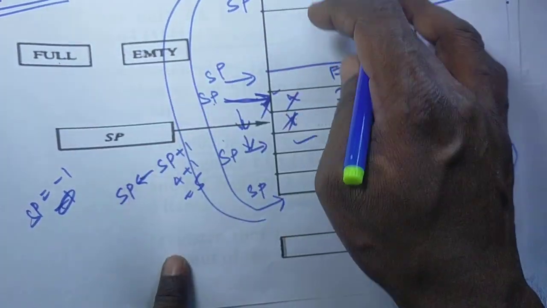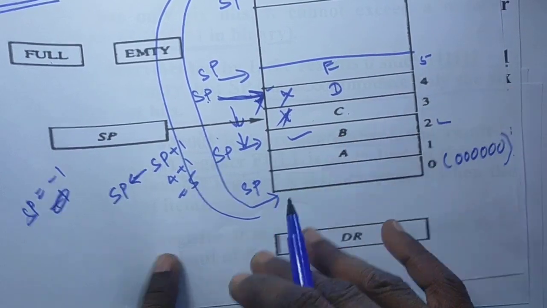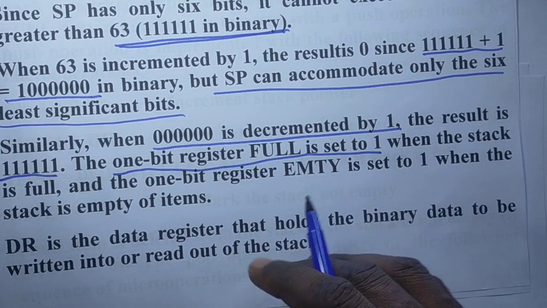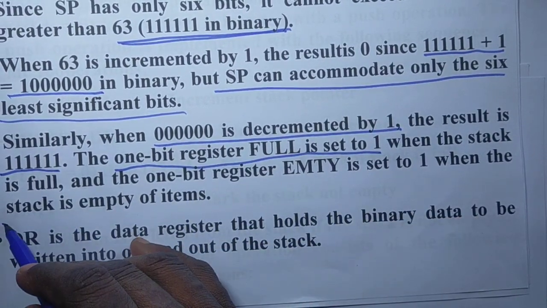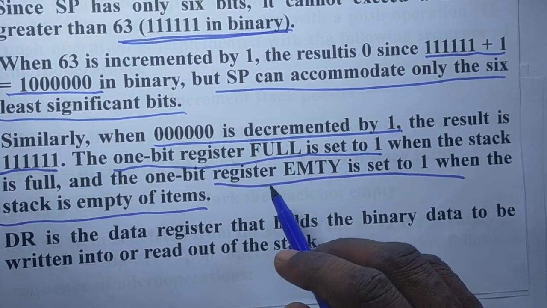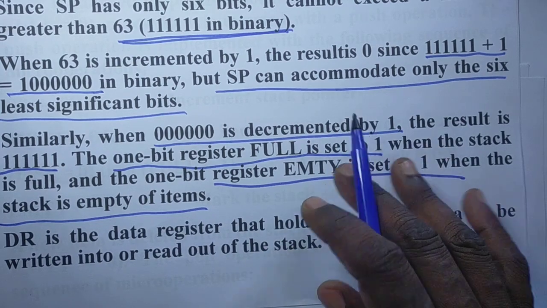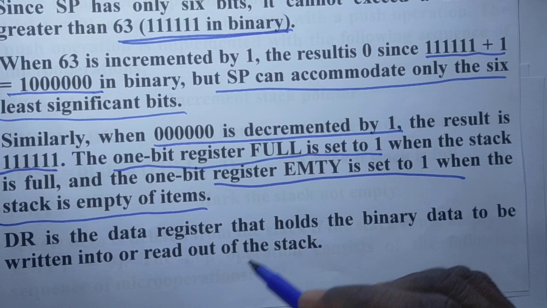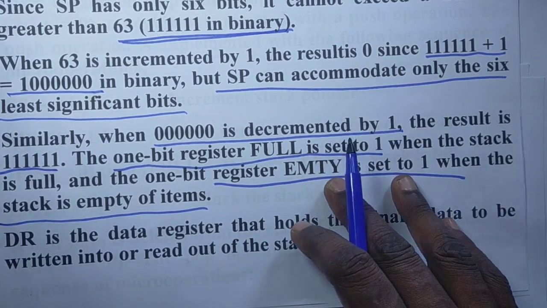If full is 1, the stack is filled by data and there is no space. We can see again that for the 1 bit register, if empty is 1, then the stack is empty of items. This is the basic concept.